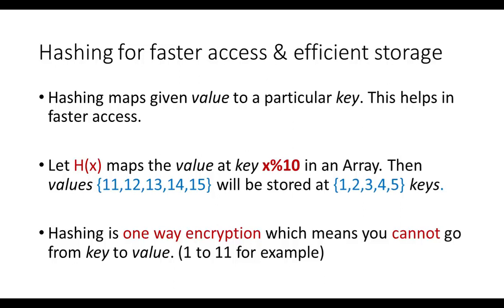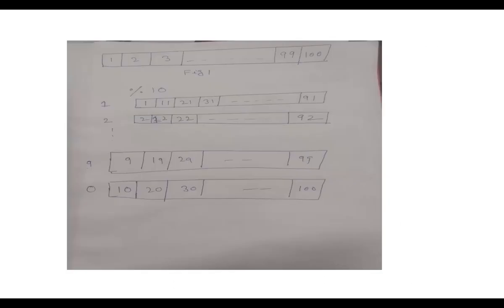What does this mean? Let us suppose h(x) is a function of modulus 10, where the values x are 11, 12, 13, 14, 15, and 1, 2, 3, 4, 5 will be acting as keys.